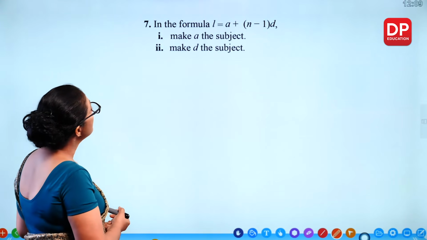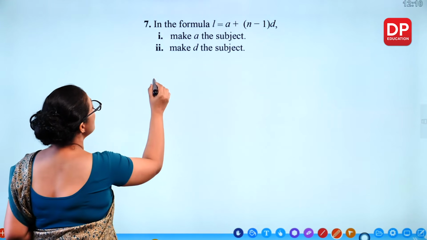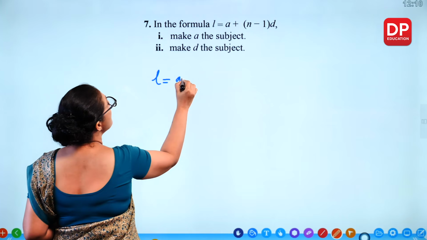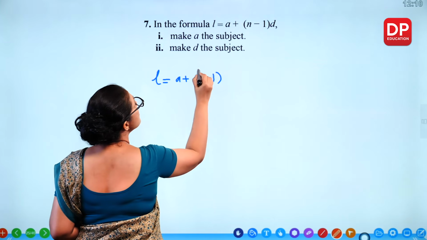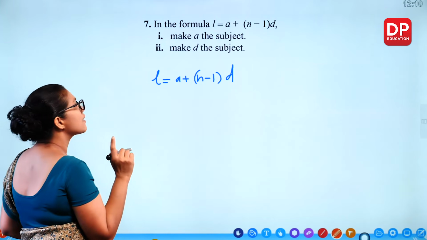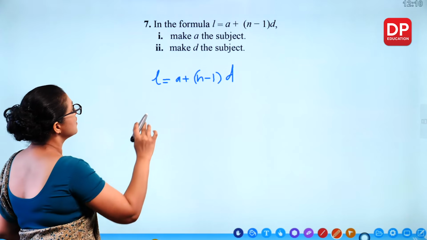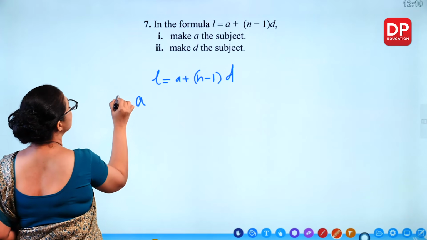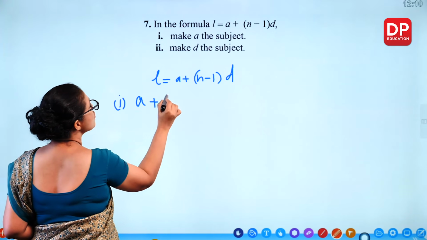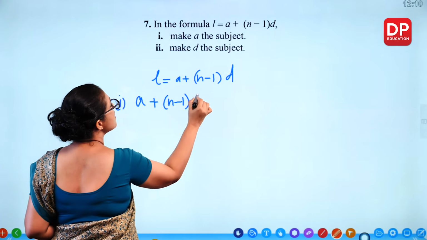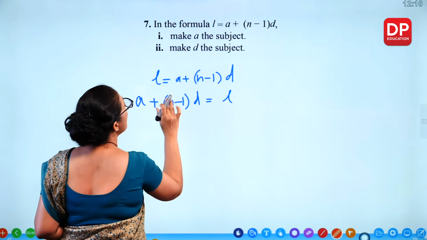Question number 7. In the formula, L equals a plus n minus 1 d, make a the subject. So I can rewrite this equation, a plus n minus 1 d equals L. I need a.